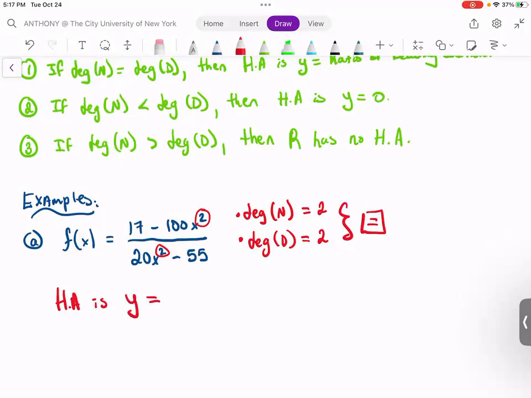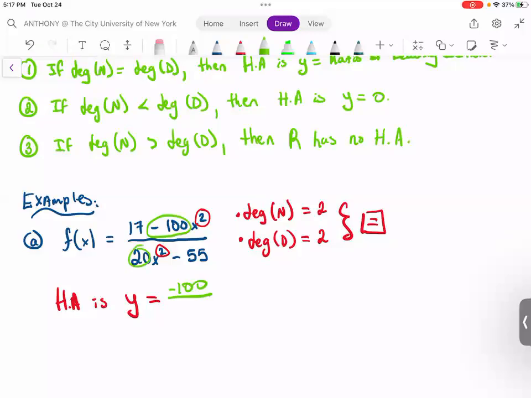What is the coefficient of my x squared term in the numerator? Careful, it's negative 100. Right, we have a minus in front of that 100. So it's negative 100 over what?